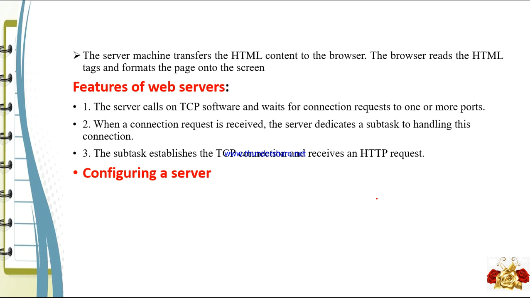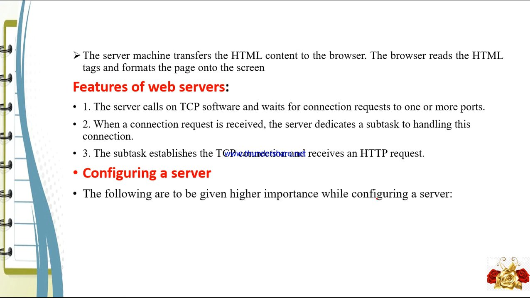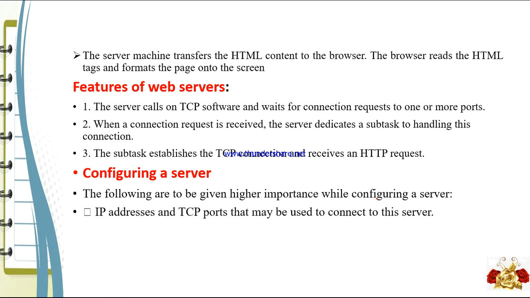Then, how to configure a server. There is higher importance while configuring a server, because it connects the web client to the server. The IP address and TCP port that may be used to connect to this server are among the most important settings, that is, connectivity.